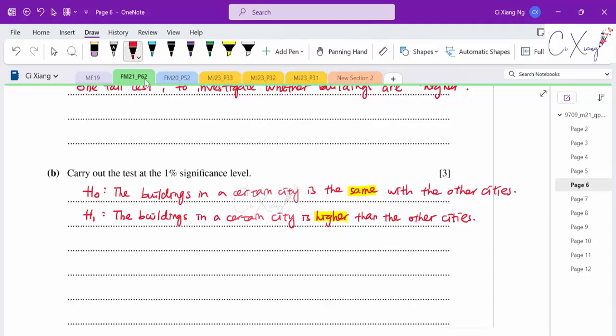Therefore, when you want to carry out the test, I want to know where my rejection region is first. This is a one-tail test on the right hand side, therefore my rejection region will be on the right hand side as well. So I shaded this rejection region here. How large is this rejection region? It is our significance level, which is 0.01. So this particular area is 0.01.